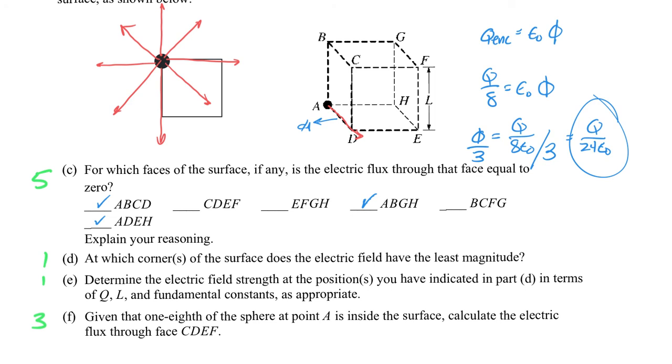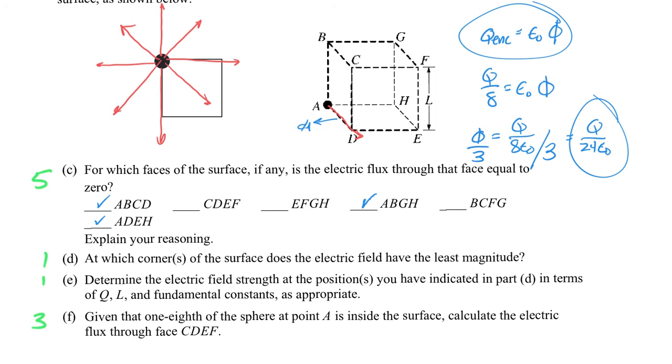One point was used for recognizing that the flux is a constant. So basically just indicating that you made an attempt to use Gauss's law in this situation gave you a point. One point was given for indicating that the flux is equal to Q over 8. 1 point was given for recognizing that the flux is the same through each of the 3 non-zero flux sides.